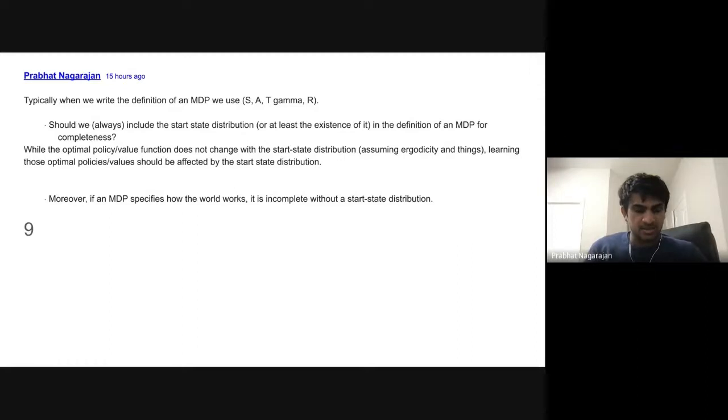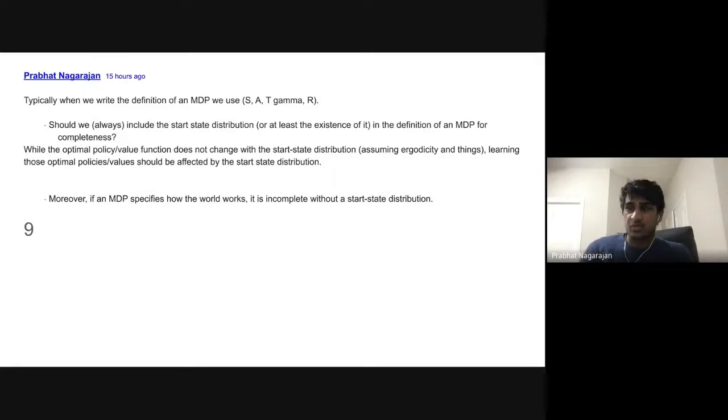I know that you can perform the Bellman equations and Bellman updates without using the start state distribution. But if we're taking an MDP as a representation of whatever your world is, then it would be incomplete without the start state distribution.